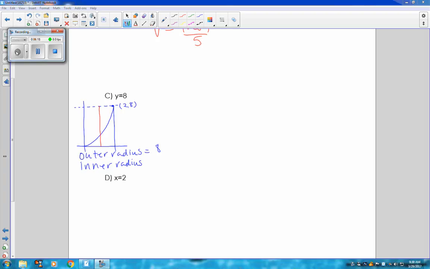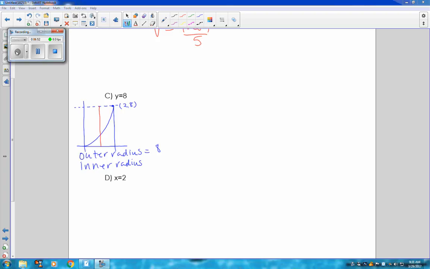Okay, your inner radius, how am I going to get this right here? But you're revolving it around that line. You're going around this line right here. So you've got all of this, all of that is 8. What do I not want?